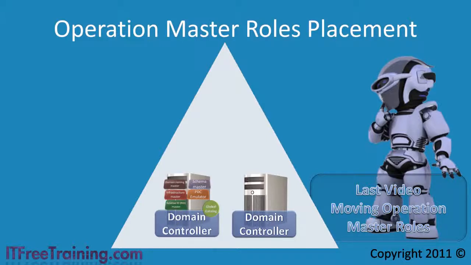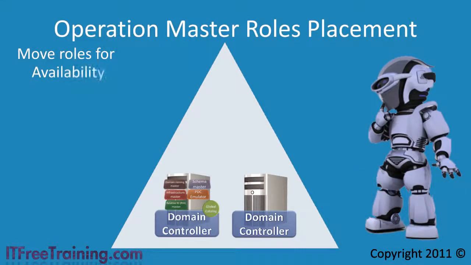There are a lot of reasons why Operation Master Roles are moved around the network. First, there's availability. Having Operation Master Roles on different domain controllers means that if the server were to become unavailable, only the roles on that server would become unavailable. This is basically not putting all your eggs in one basket.